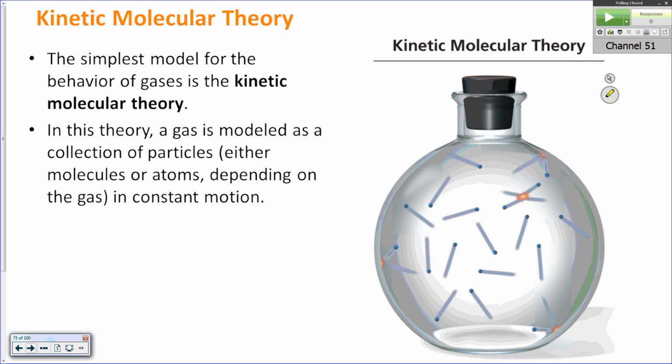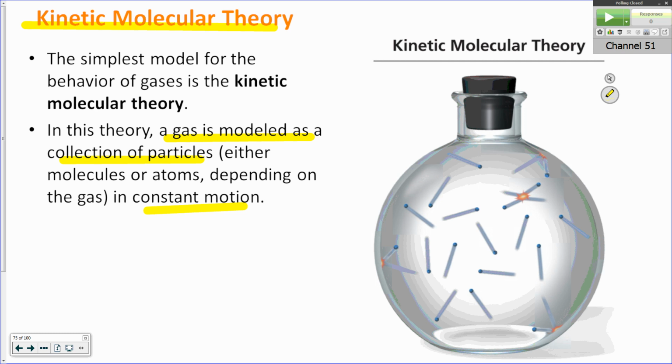The kinetic molecular theory is a concept that describes the motion of these gas particles, and it's our simplest model to describe what we think is actually going on. In this theory, we treat a gas as a collection of particles, whether molecular species or atoms, that are in constant motion.